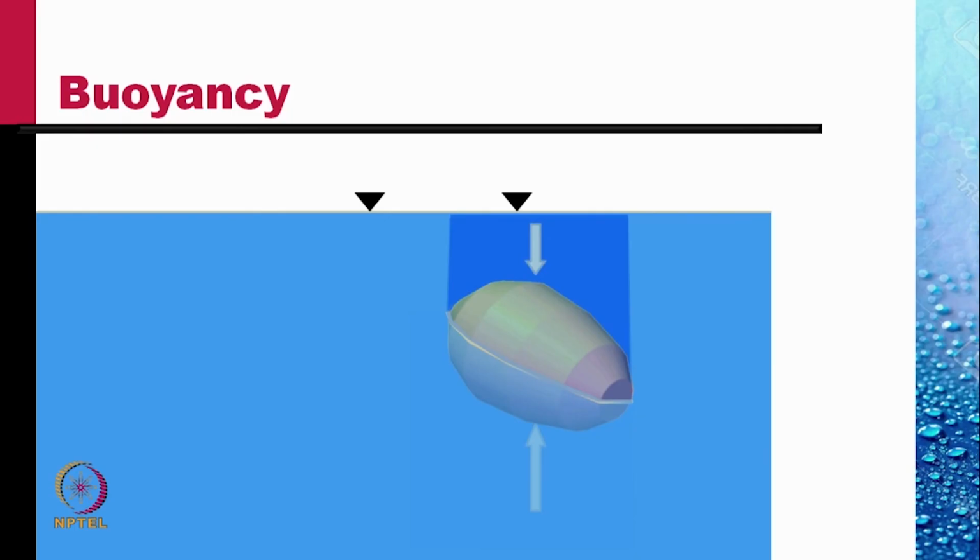The difference of the two obviously is the weight of this volume of water, and this would be upwards. So the buoyancy force is equal to the weight of water equal to the volume of the body, or the weight of the water displaced by the body.